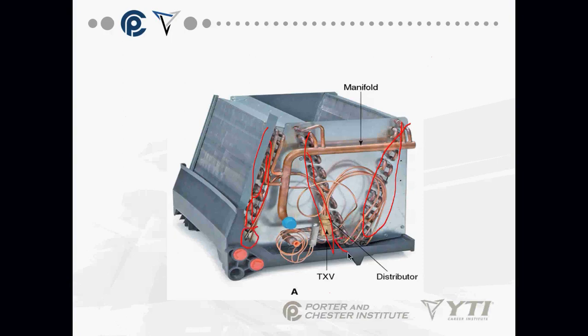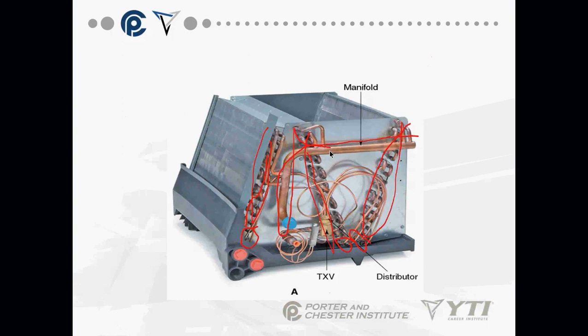There's 2 distributor pipes on the center one. There's 2 distributor pipes on this third one. So the reality is that this system has 6 individual evaporator coil runs. And then it all joins together on the manifold. That comes back to the suction side.